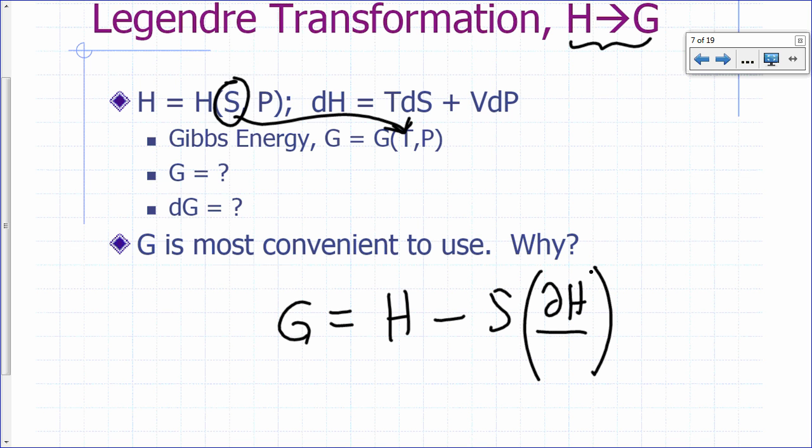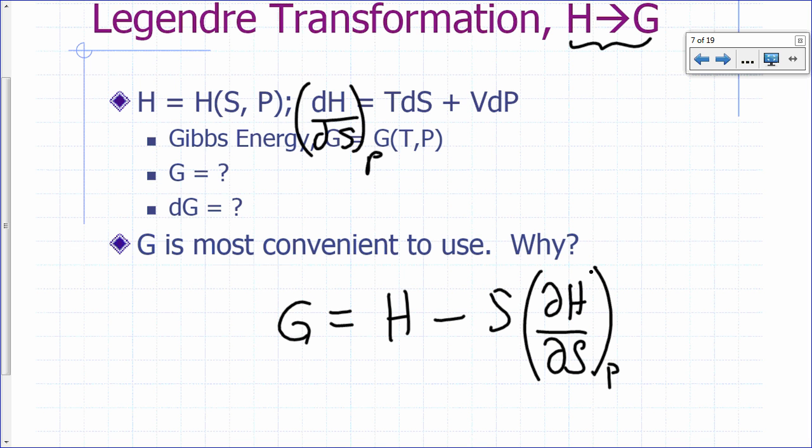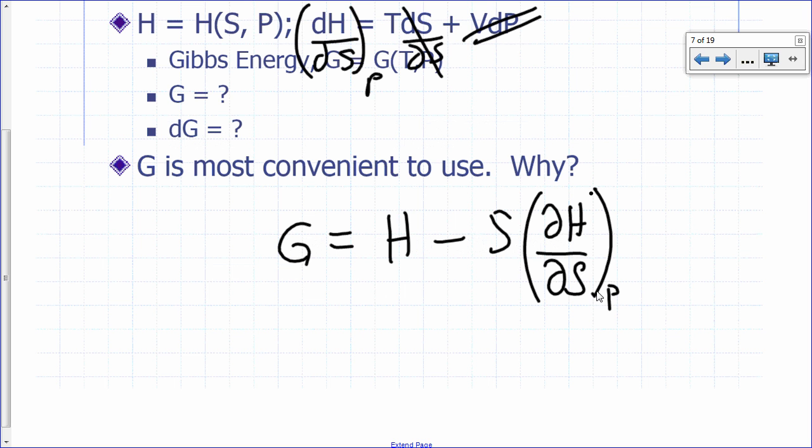Partial of H with respect to S, holding pressure constant. Well, what's partial of H with respect to S at constant pressure? I'll go back to the expression for dH. What happens there? Pressure drops out. What would that be? It's just T, right? So this is just going to be equal to H minus TS.